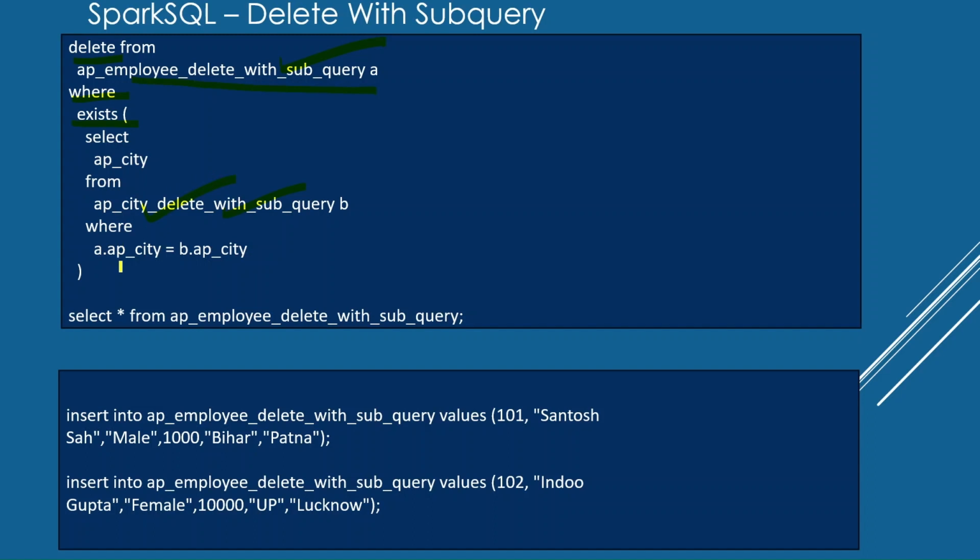If both exist, take those cities, supply them here, and delete all the matching records from this table. That's why we are using exists. This is one way we can do a subquery.